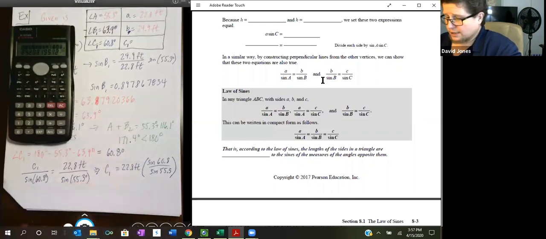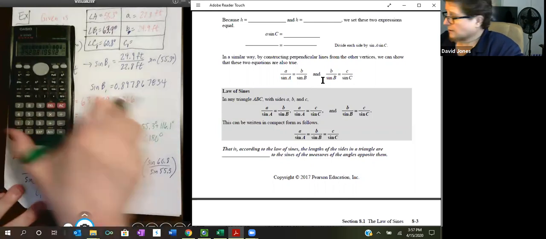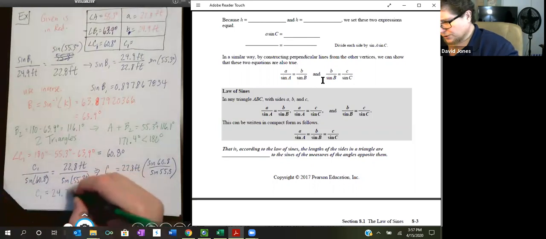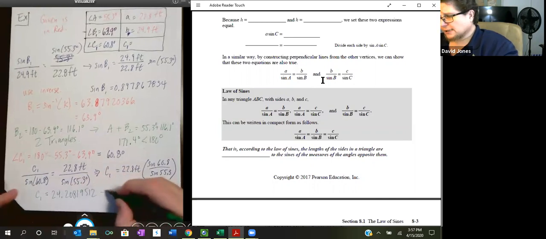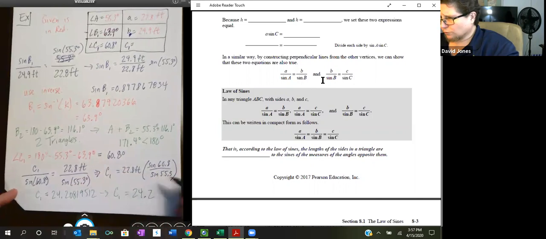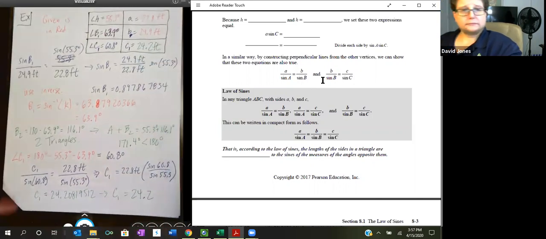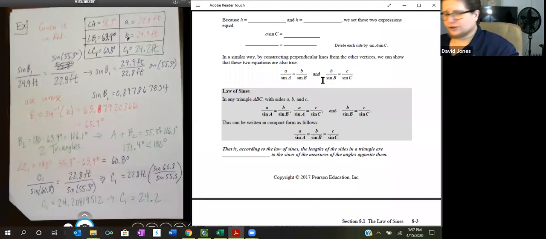So C1 equals 24.20819512, to 3 figures, 24.2 feet. That's just our first triangle.